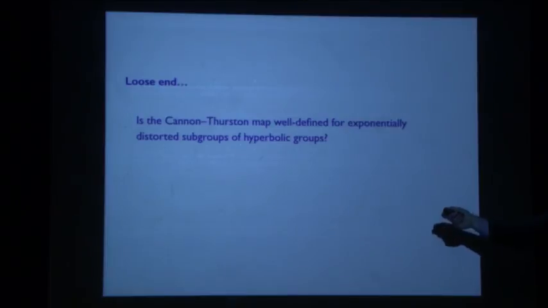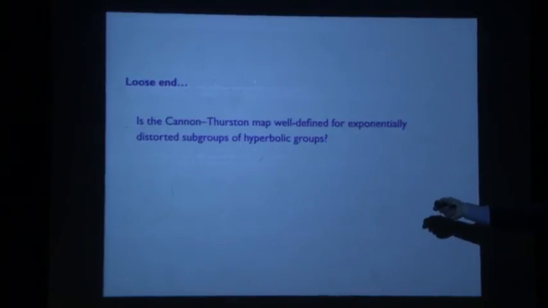So here's an open question. Is the Cannon-Thurston map necessarily well defined for exponentially distorted hyperbolic subgroups of hyperbolic groups?